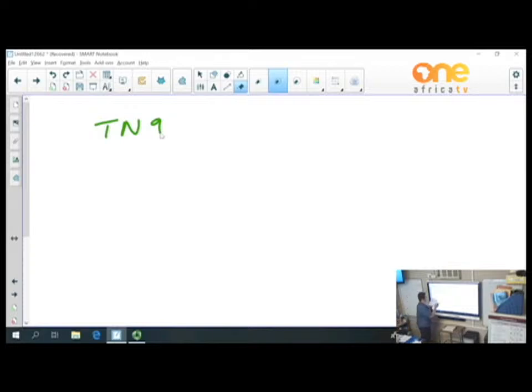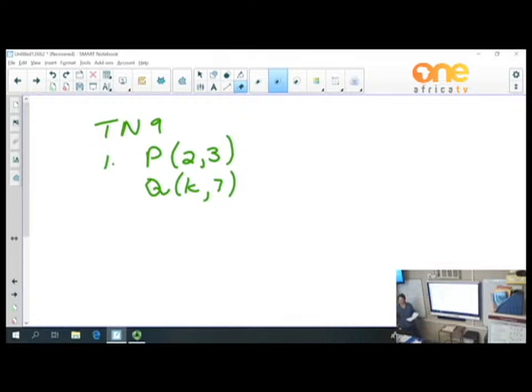So all that we do now is apply the gradient rule. You've got the point P, which is the point (2, 3), and the point Q, which is (k, 7). In this case, you don't need to find the gradient. You have the gradient, but you must find k.